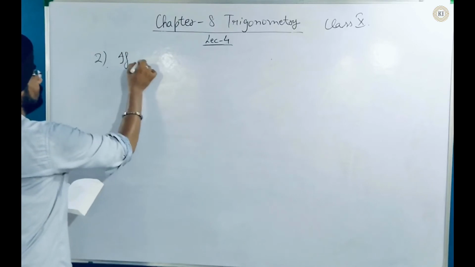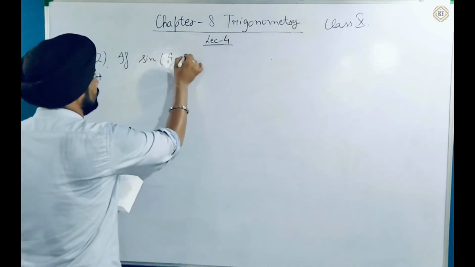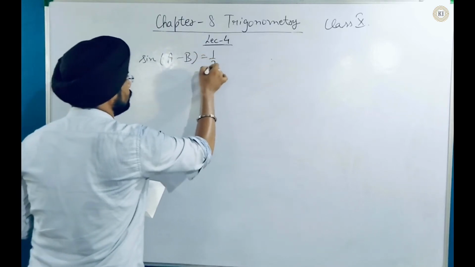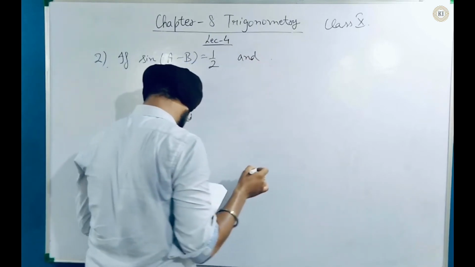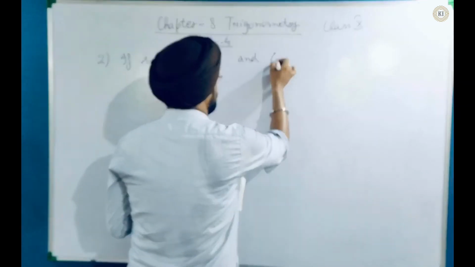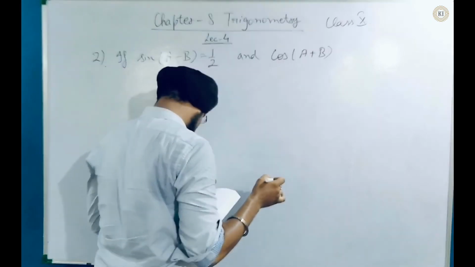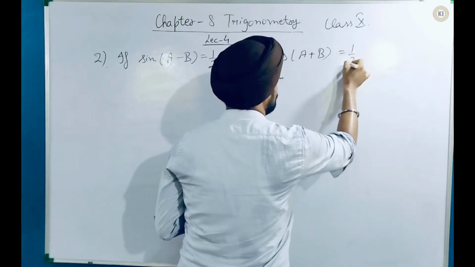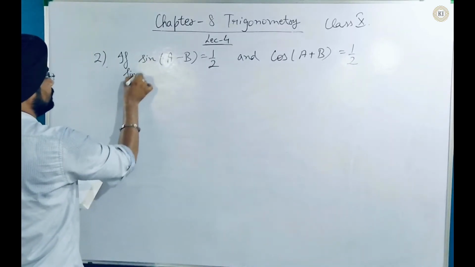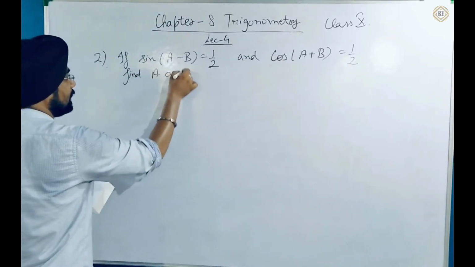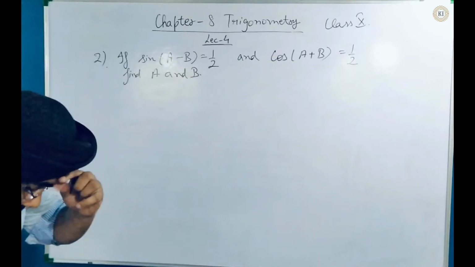If sine(a minus b) is equal to 1 by 2 and cos(a plus b) is equal to 1 by 2, find a and b. So here again we have to calculate the value of a and b.